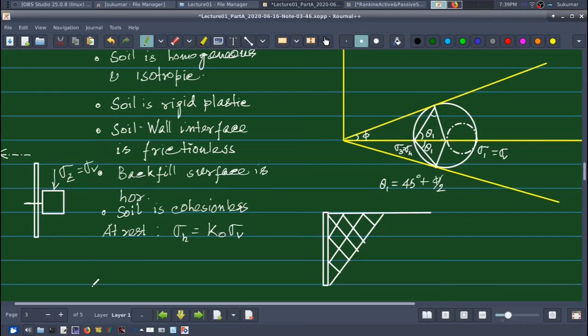And you already know that the relationship for a C-phi soil, the relationship between the principal stresses at failure was what? Do you remember?